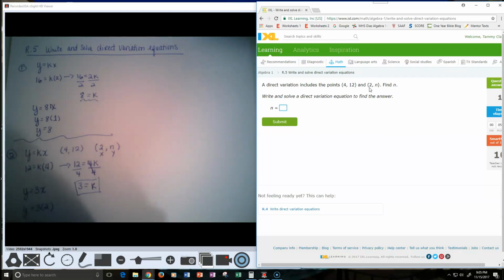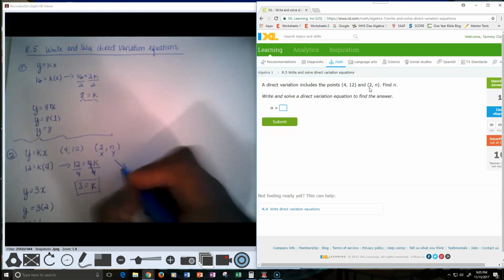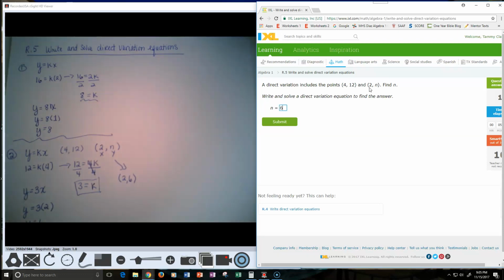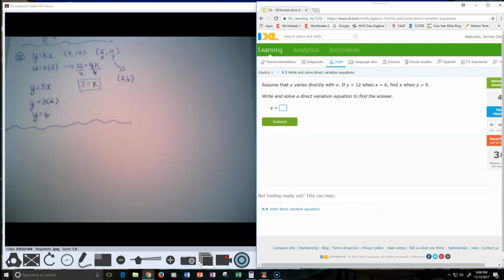So y therefore would be 6. So the new ordered pair would be (2, 6). And I know it says n here, but keep in mind this n is in the y position of the ordered pair.